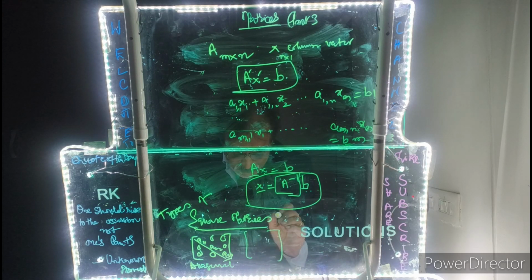Similarly, you can have a11, a21, a31, a22, a32, a33, with zeros above the diagonal. This is called a lower triangular matrix.